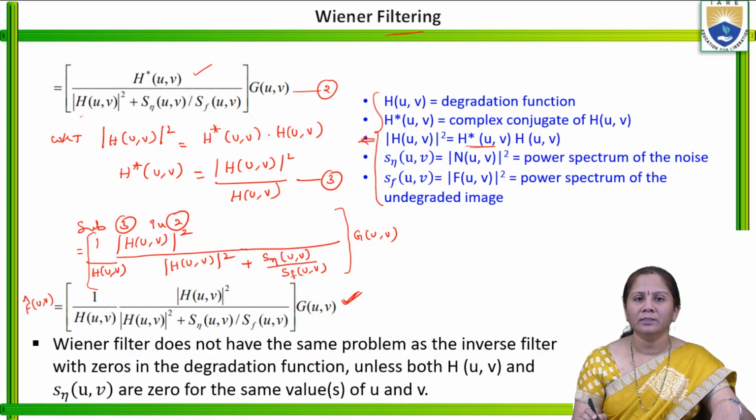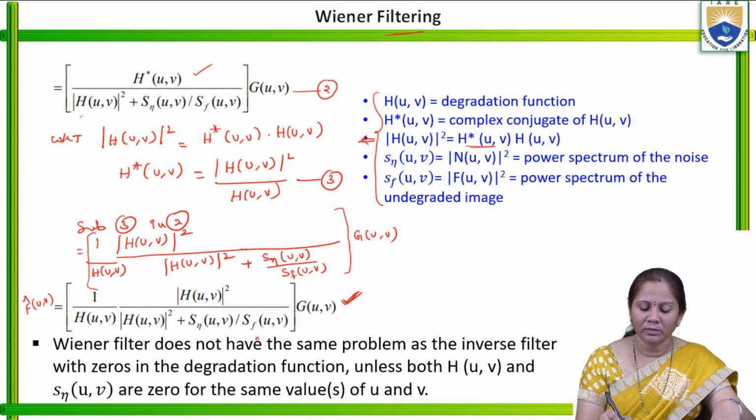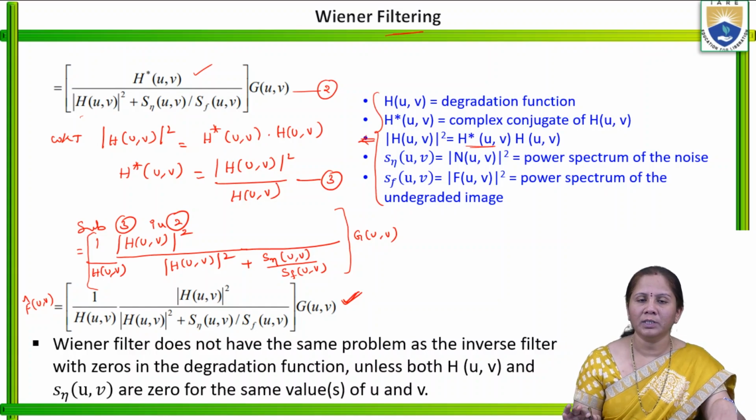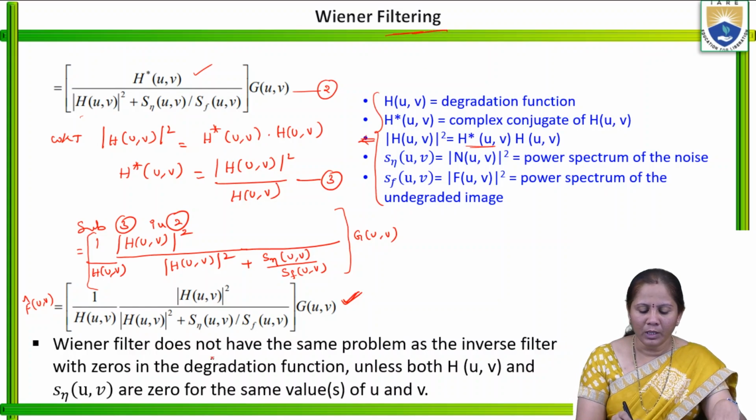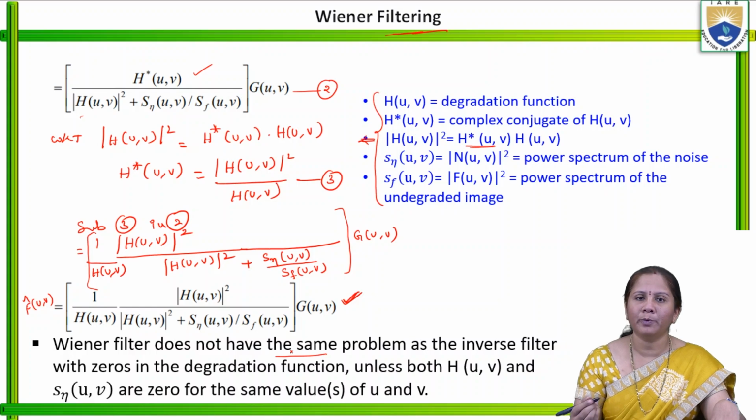In this, what we can observe is the ratio s eta of u comma v by sf of u comma v. It is not related to the transfer function h or the noise n. So the limitation in the inverse filtering can be overcome by using this Wiener filtering. The Wiener filter does not have the problem which is there in the inverse filter.